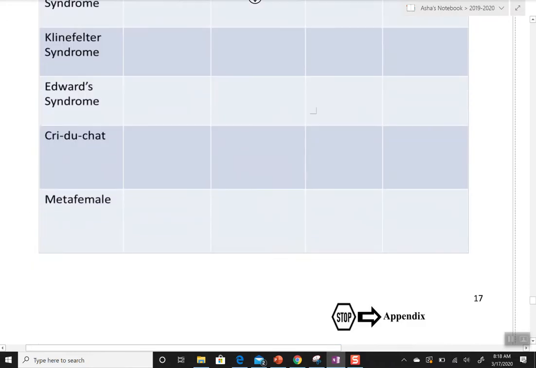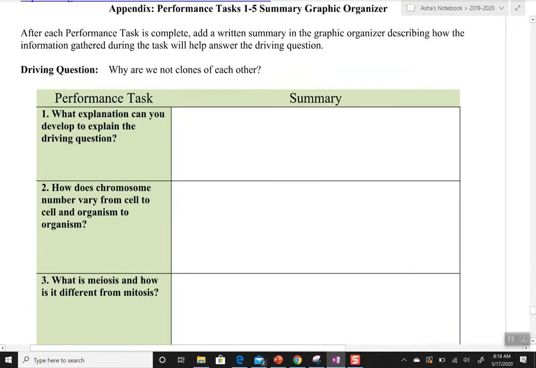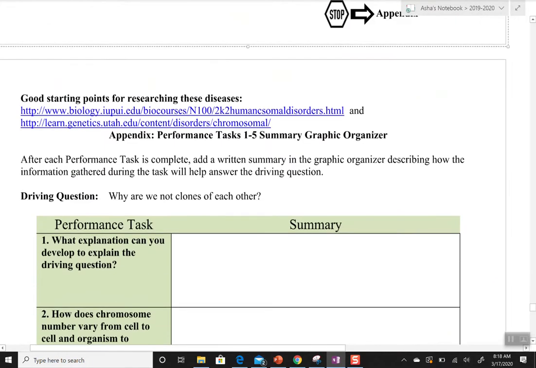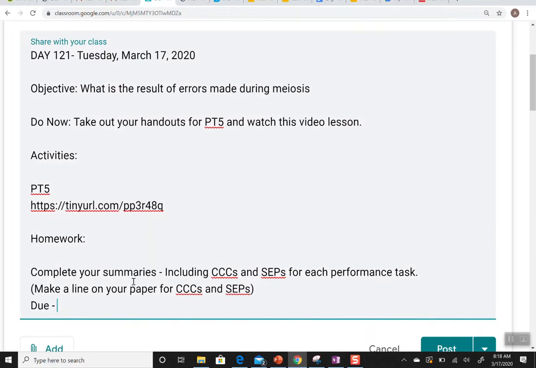But for homework, I do want us to finish the summaries. I want that to be due, let's see, maybe Wednesday?